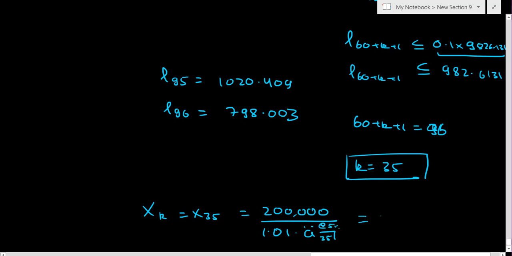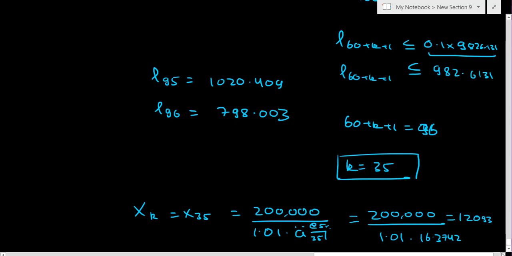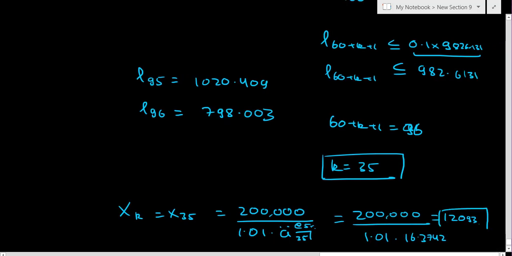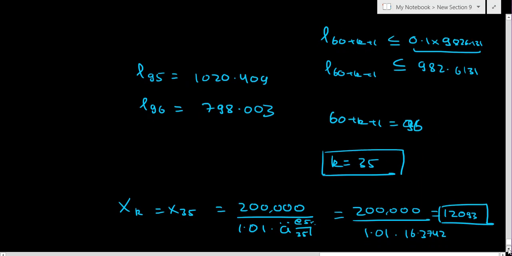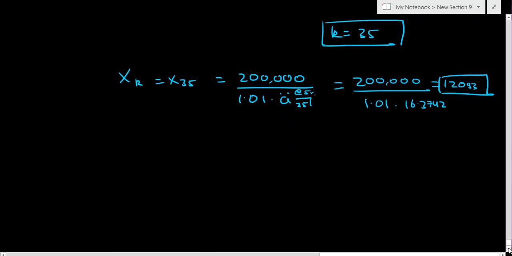So this becomes 200,000 divided by 1.01 times 16.63742, right? So this becomes 12,093. Okay, so that's your answer for this. This would be your annual amount that you would receive in order to fulfill this profit criteria.